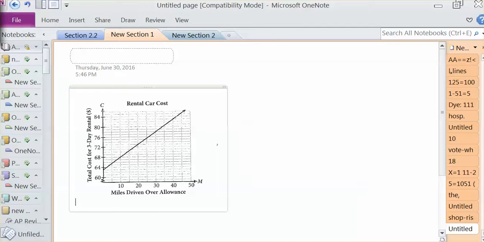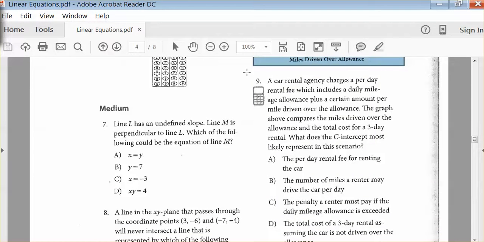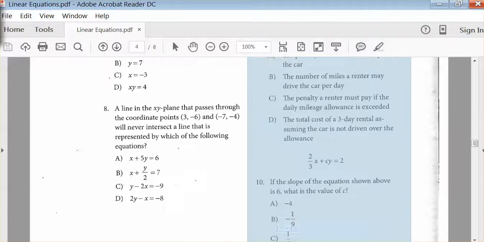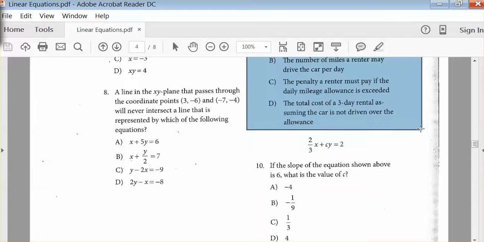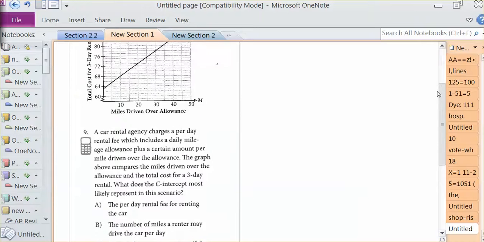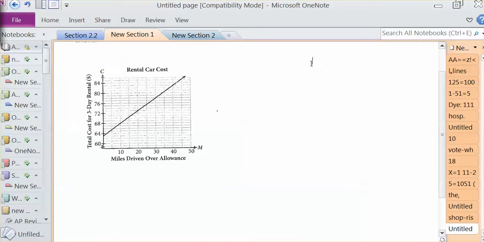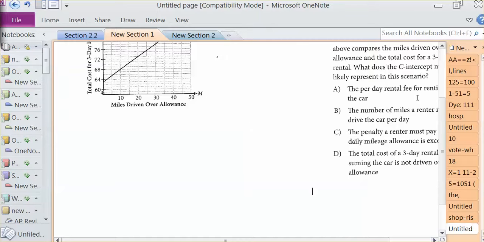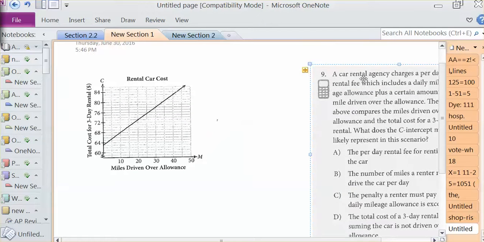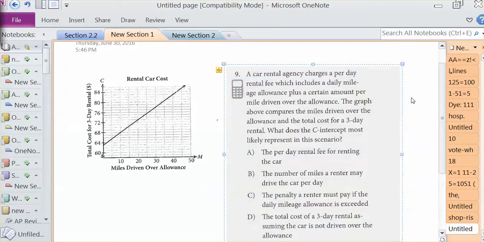There's a graph that goes with it, and here's the question and the choices. And actually, that might work a little better for us. Move it a little closer. Perfect.